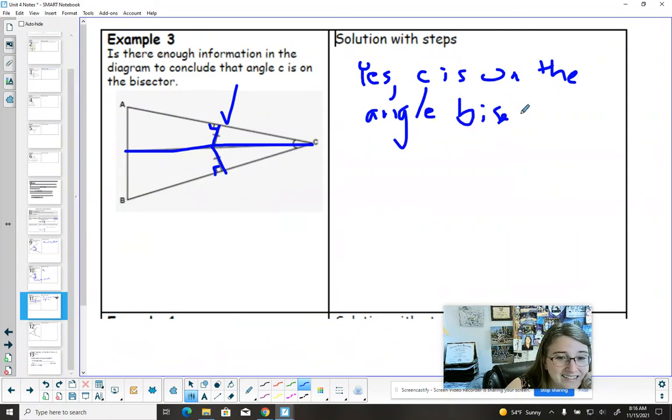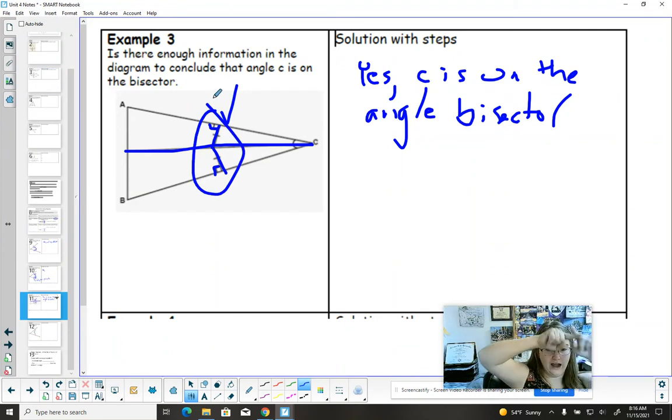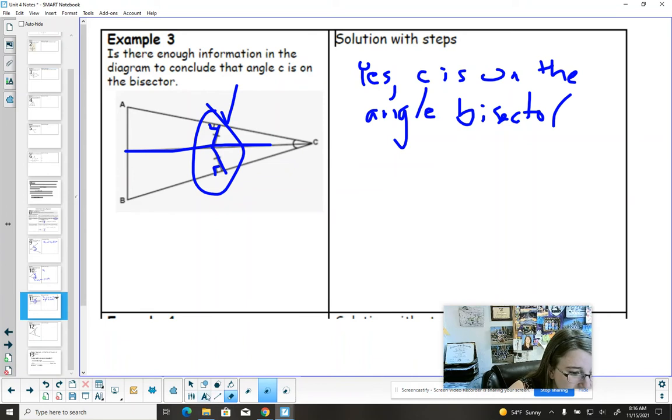Not only are these checked off, we got equal distances, we got right angles. Also right here, this is telling us these are equal right away. So just that by itself guarantees we have the angle bisector. If I've got these marked congruent, that's the basic definition of angle bisector. If this is true, then these angles will be the same too.